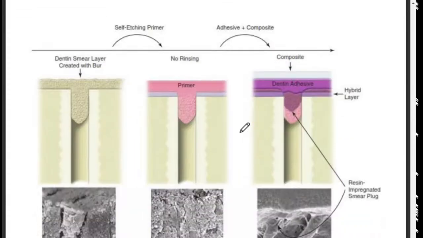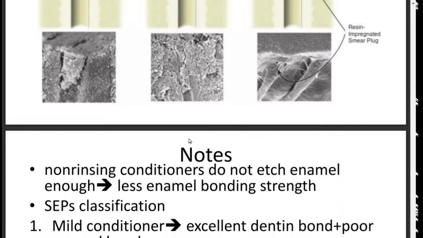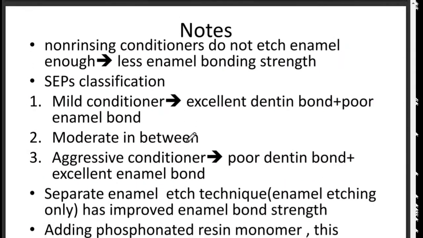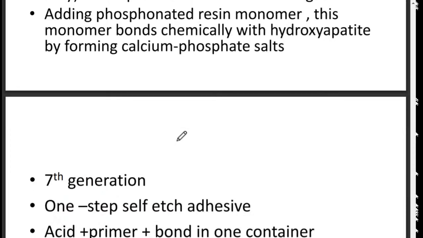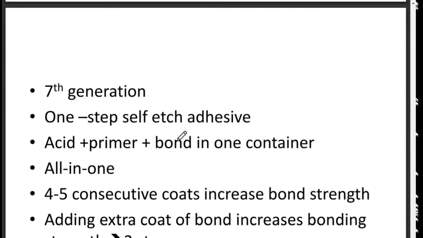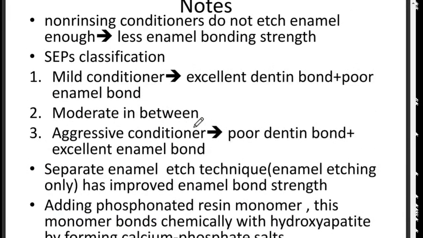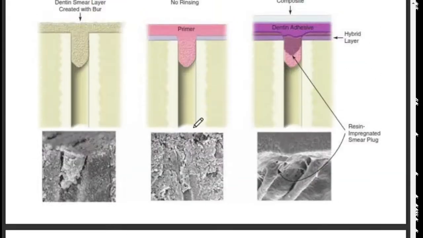This is a picture showing the sixth generation. These are notes of the nourishing condition: mild condition, moderate condition. And there is another generation which is called the seventh generation, which includes only one step, self-etching adhesive. Let's just talk about the sixth generation picture.